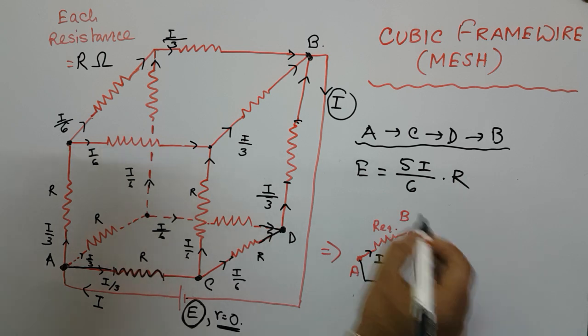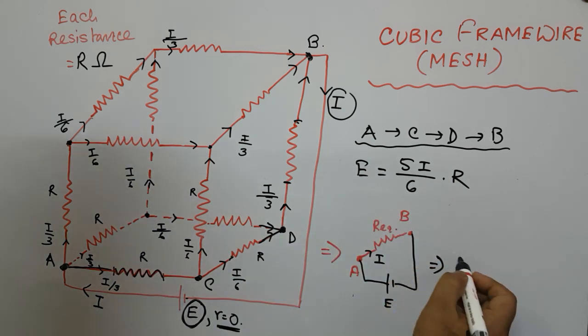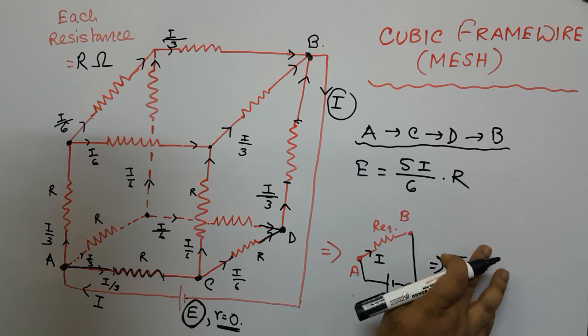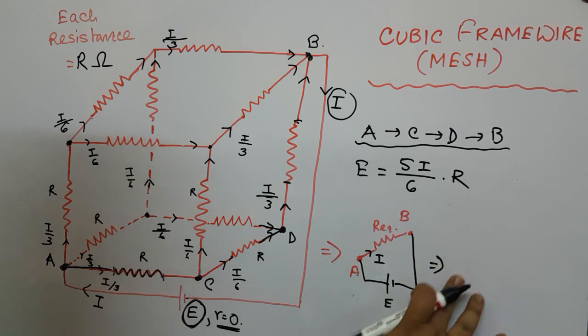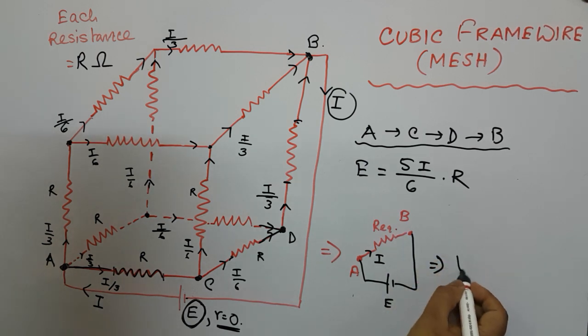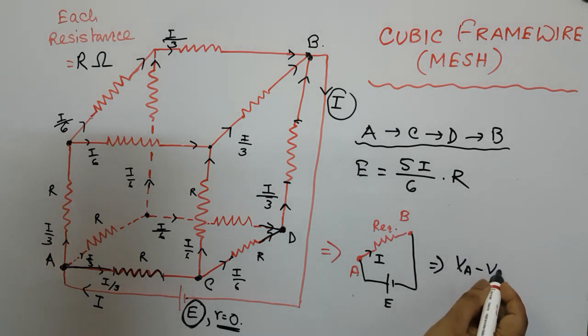So from here, VA minus VB, or E, is equal to I into R equivalent.